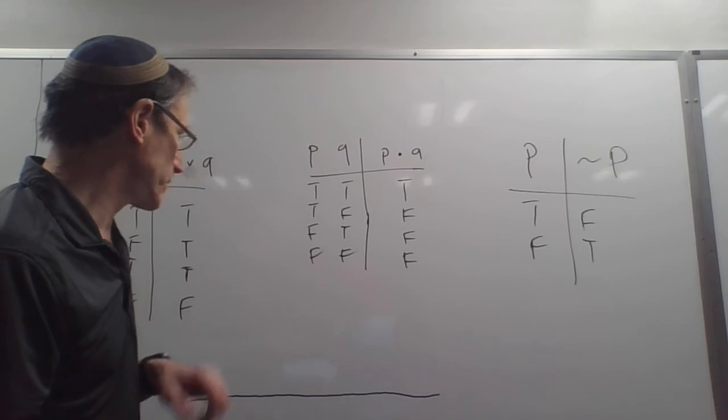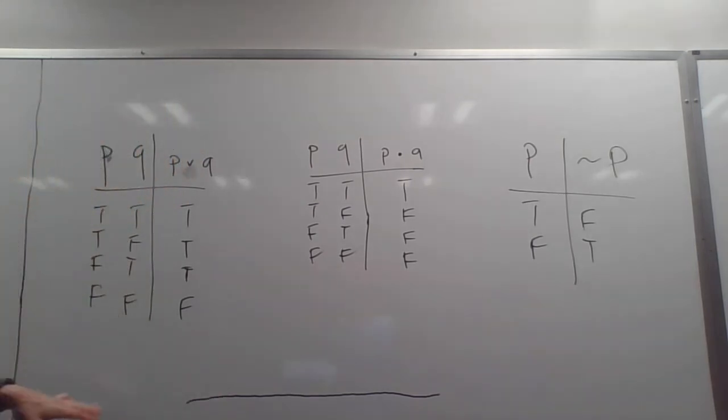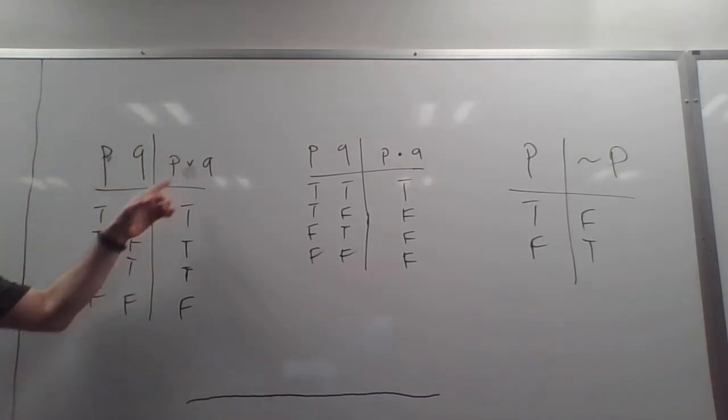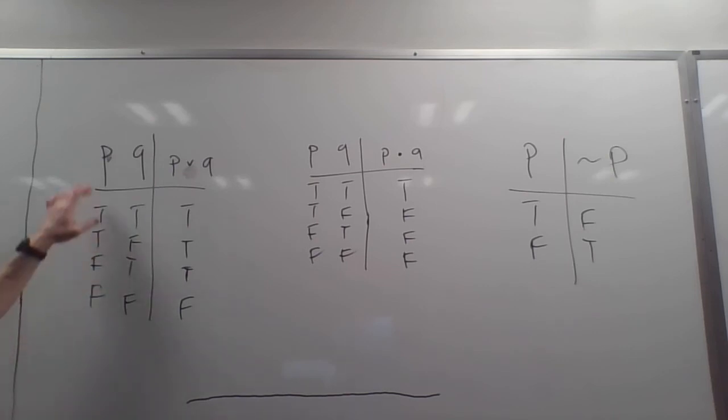All right, and then over here, we have the disjunction, or the wedge. So again, with P and Q, there are four possible combinations. This is the standard way of listing the possible combinations: T, T, F, F, and then alternating T, F, T, F. And the disjunction is going to be true as long as one of the two disjuncts is true.